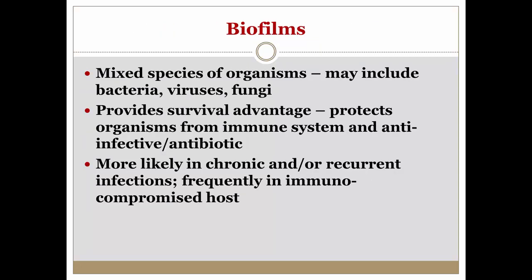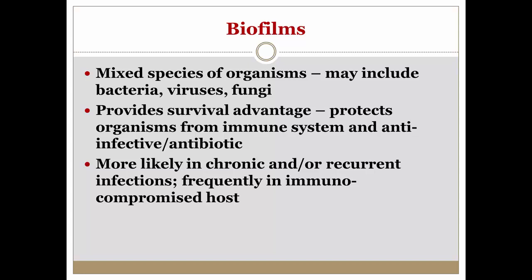Now, before we move on to two other examples of bacteria, we're going to talk about biofilms. Biofilms are mixed species of organisms that may include bacteria, viruses, or fungi that actually develop on non-self structures or non-self instrumentation in the body.